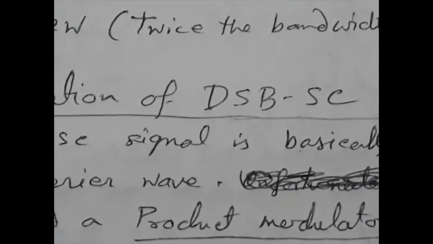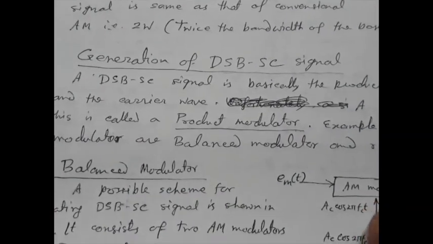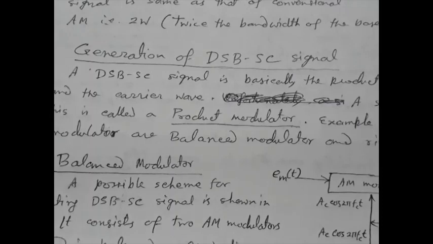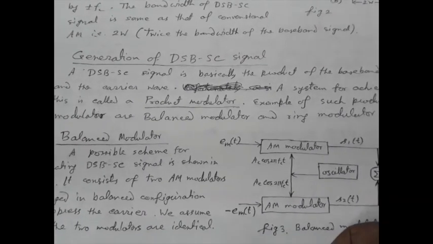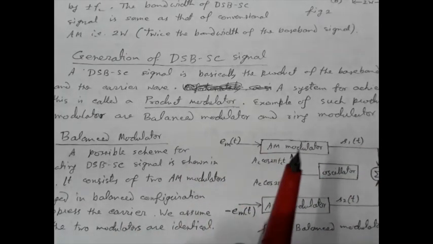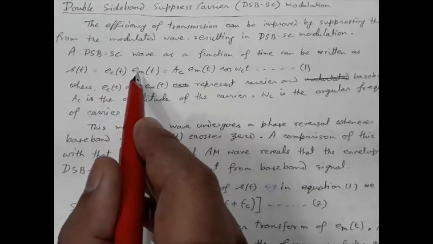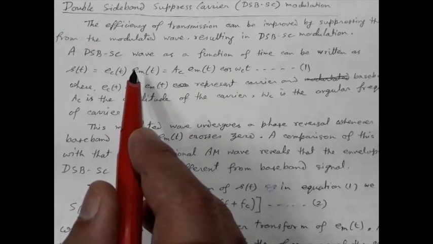Now we have to consider the generation of DSB-SC. We have already seen that the expression for DSB-SC is carrier multiplied by message. So practically it is the product of two signals.